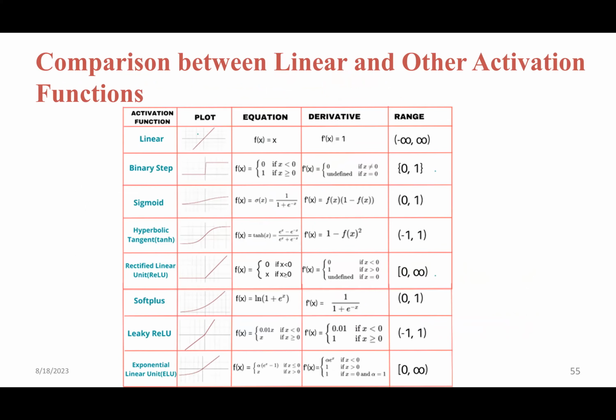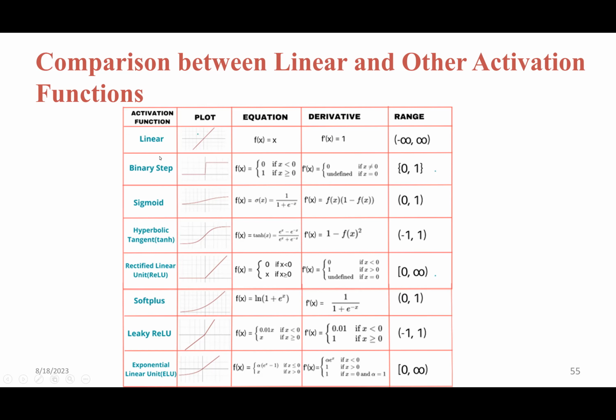I have taken it from the internet only. These are the different activation functions. The first is linear, the second is binary step, which we discussed earlier. Third is sigmoid. Fourth is tanh. Fifth is ReLU. Okay, then one more, softplus, leaky ReLU and exponential linear unit.